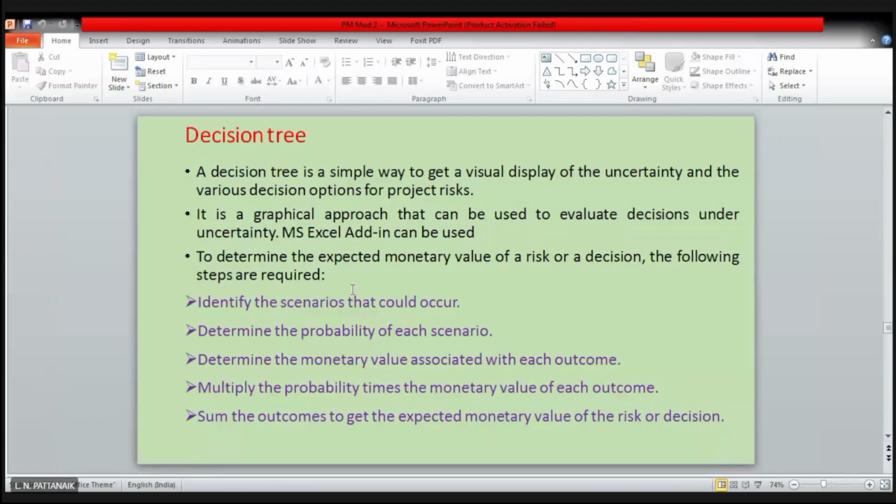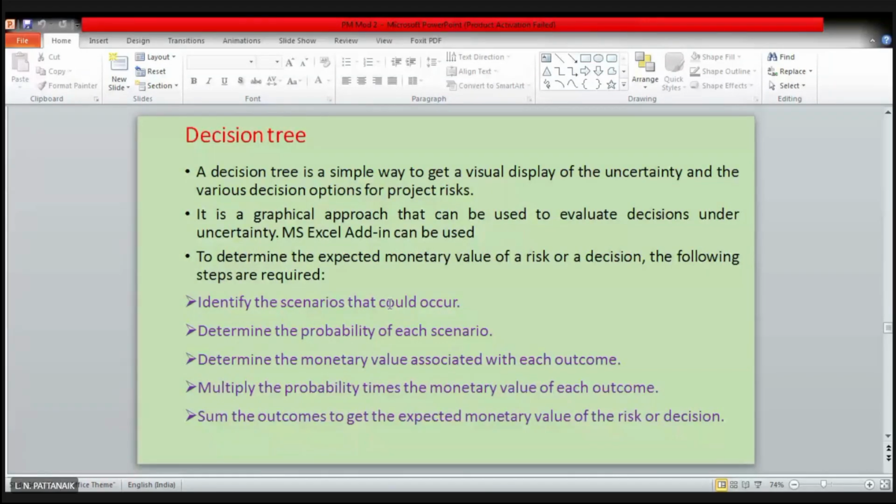But probability is playing a very big role in this decision making tool, which we are talking about here in the context of risk analysis. So a decision tree is a simple way to get a visual display of the uncertainty and the various decision options for project risks.